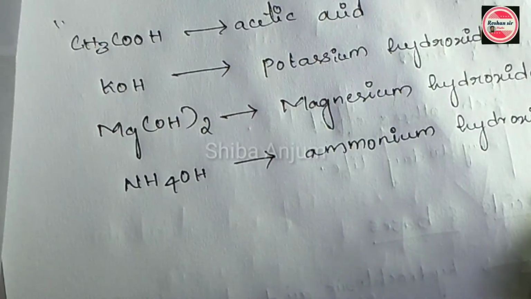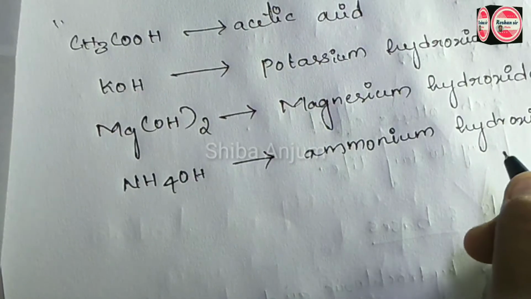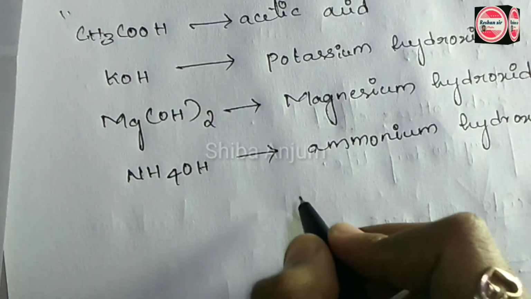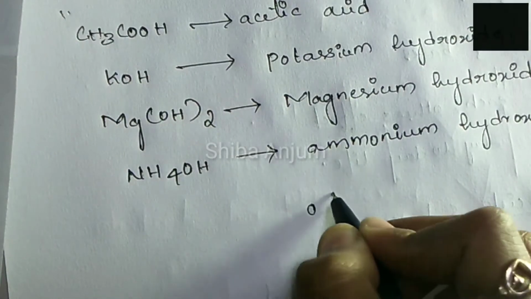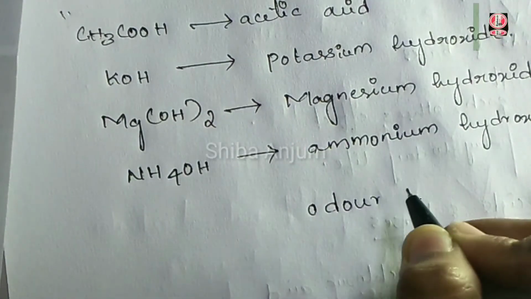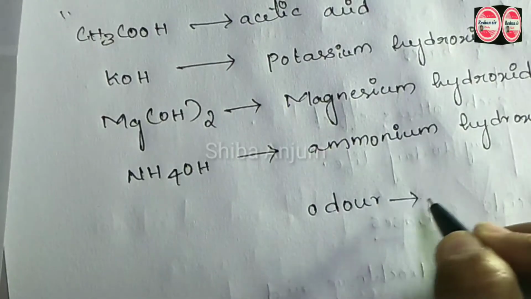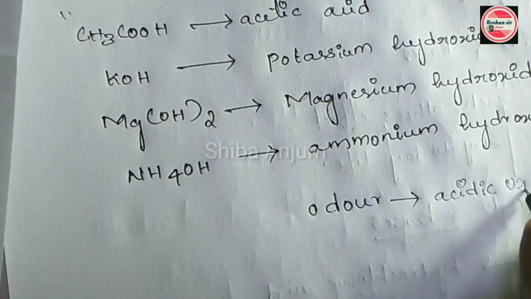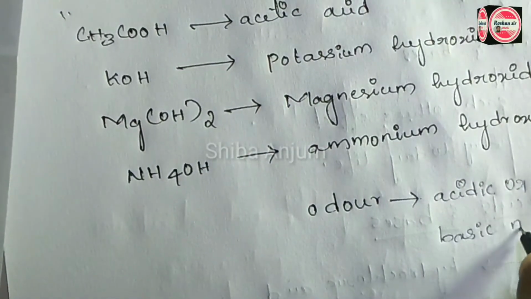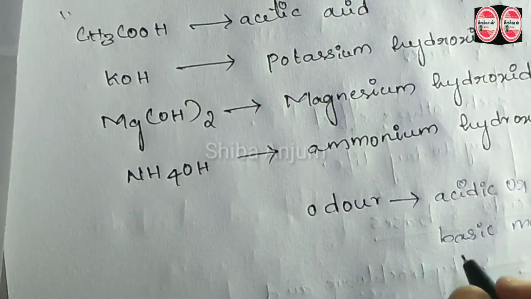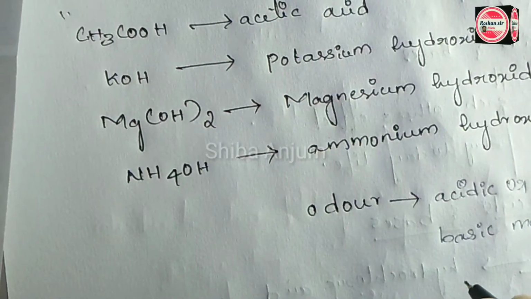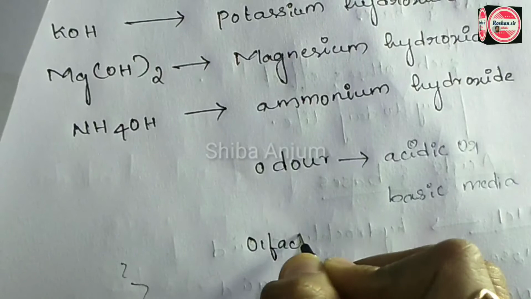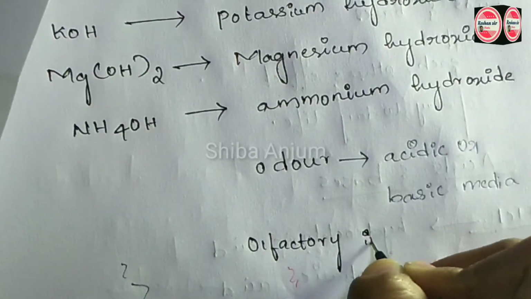These are the names of acids and bases, and there are some substances whose odor changes in acidic or basic media, and these are also called olfactory indicators.